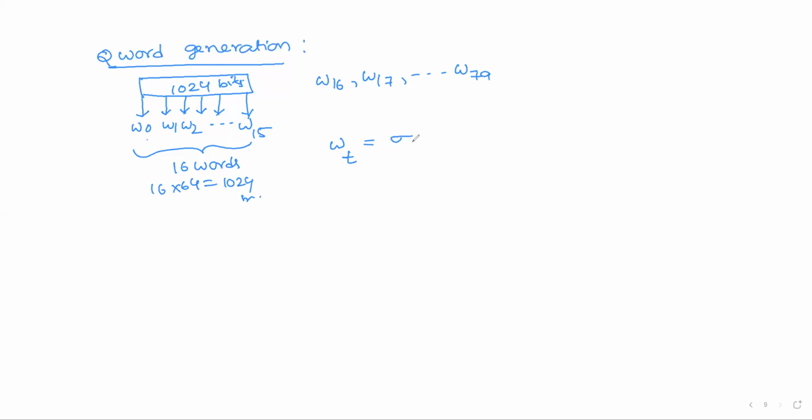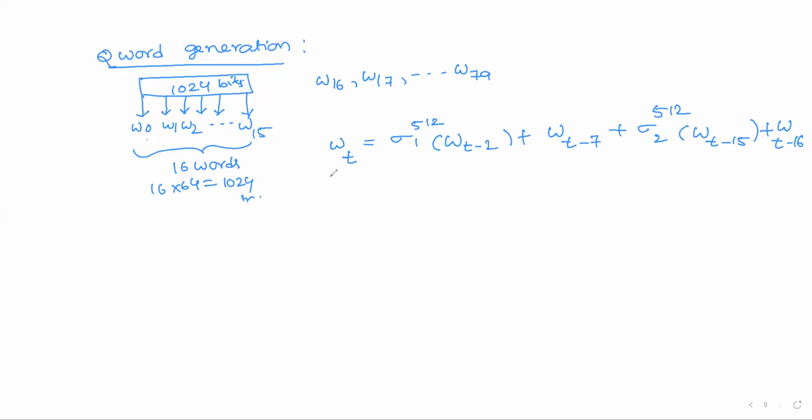Again, this is also a rotation function only: sigma 1 of 512 on WT minus 2, plus WT minus 7, plus sigma 0 of 512 on WT minus 15, plus WT minus 16.